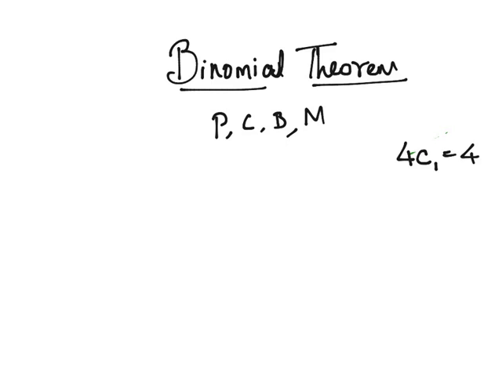Okay, let us see how many ways are there in which you can take 2 books at a time. Let's say you can take physics and chemistry, or physics and biology, or physics and math, or chemistry and biology, or chemistry and math, or biology and math, isn't it, students?